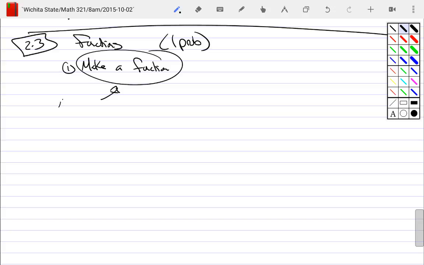List the items and say, this goes to here, this goes to here. Those pairs, we could have arrows, A to B, A to C. We could have an actual algebraic rule, if you want to do that. I don't care how you make your function. If you put an ellipsis, I better be able to tell the pattern. Make your function however you choose.